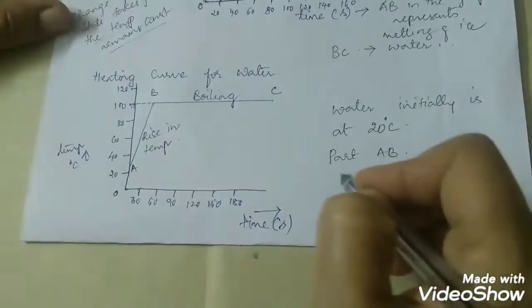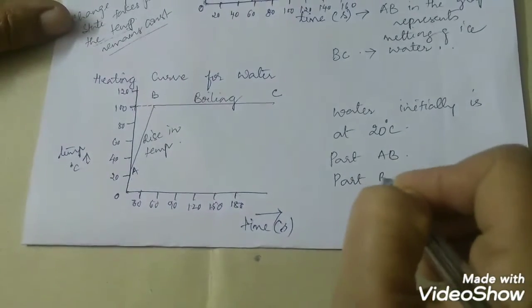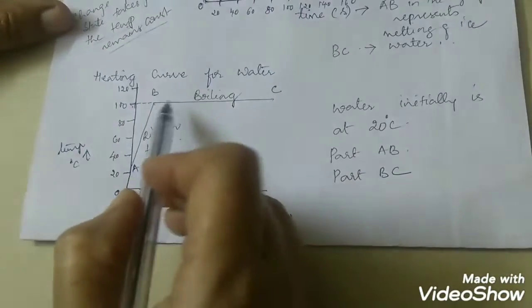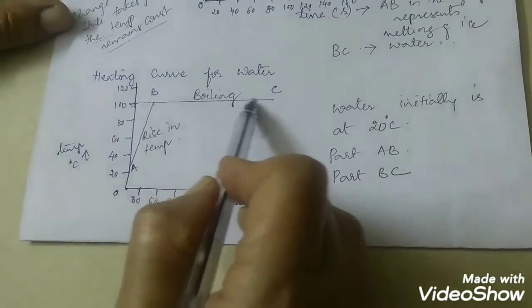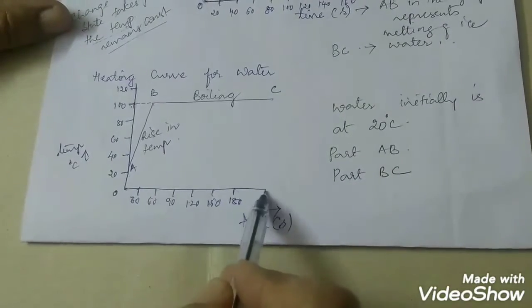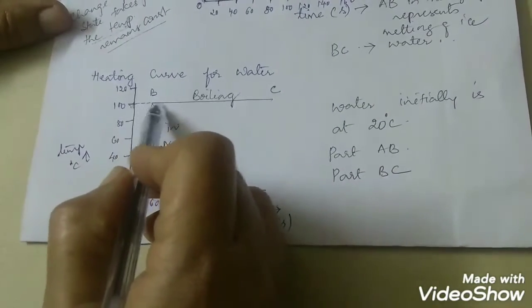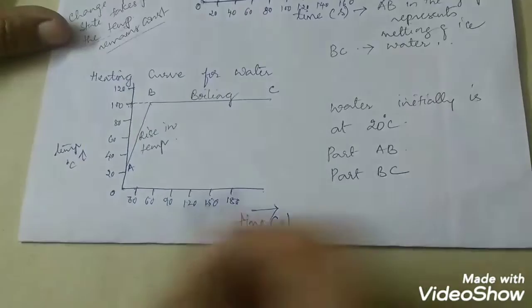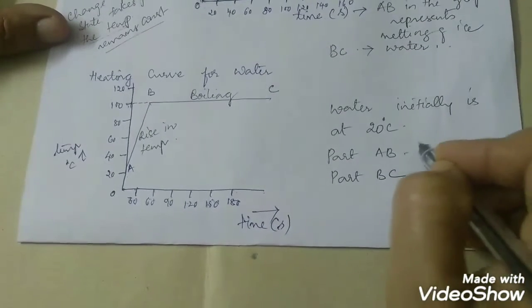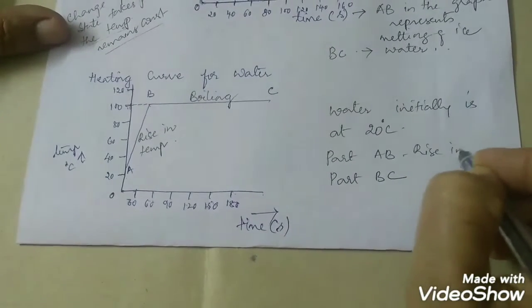And this part of the graph, part BC, if you observe, there is a change in the time, but the temperature is remaining constant. So part AB represents rise in temperature of water.